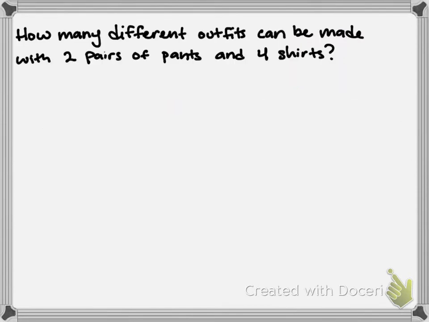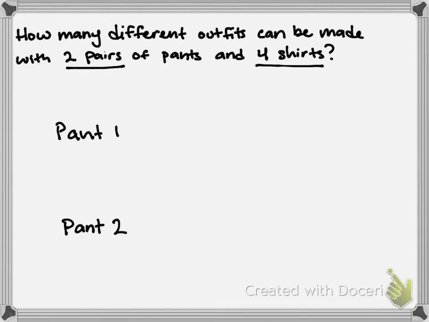Alright, so let's think about how many different outfits can be made with 2 pairs of pants and 4 shirts. So we have seen tree diagrams. It's been a while, but you have 1 pair of pants, pant 1, and the second pair of pants, which we would call pant 2.